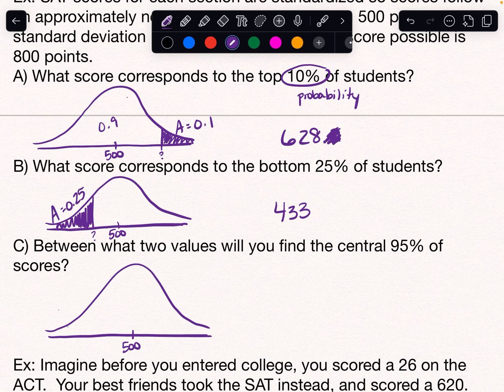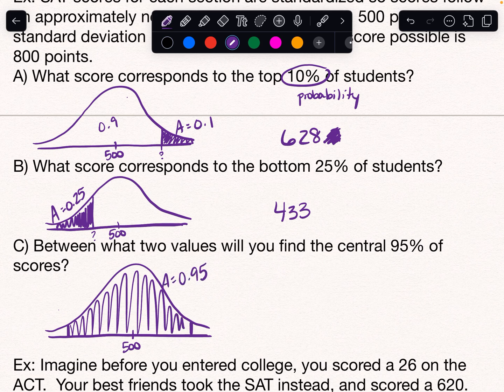So I want a cutoff mark there and a cutoff mark there, so that everything inside represents an area of 0.95. Then I need to figure out the area left over for this part and this part. There's 5%, or 0.05 area, left over for these two places, so the area of each part is half of 0.05, which is 0.025, and this one's 0.025.